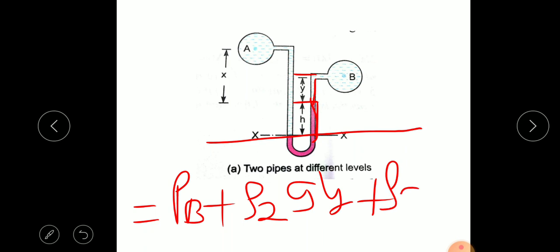If we take the density of mercury rho, then its height is h, so rho g h, where capital G is gravitational acceleration. This is the right side pressure.